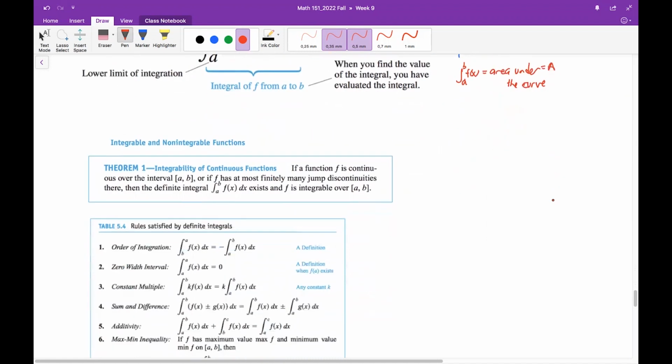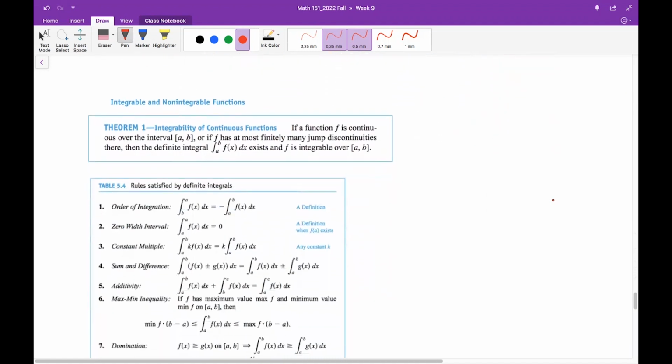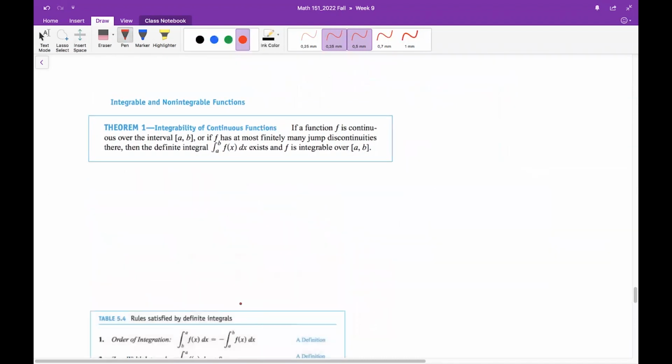Okay, let's move on. Here we see a very useful theorem about integrable functions. It says if a function is continuous over an interval, or if it has at most finitely many jump discontinuities. What does this mean, jump discontinuity? So, for example, this is a jump discontinuity of a function, right?